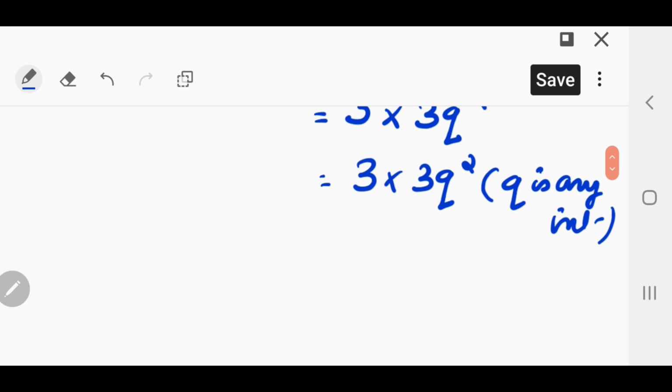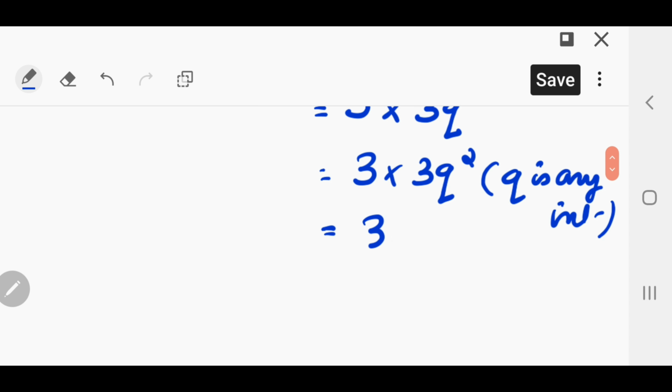So instead of 3q square, we can write m. Here m is equal to 3q square. Why can we write m? Because q is any integer. If q is an integer, q square is also an integer. So 3q square is also another integer. So just keep in mind that m is any integer. So we can write a square is equal to 3m, where m is any integer.